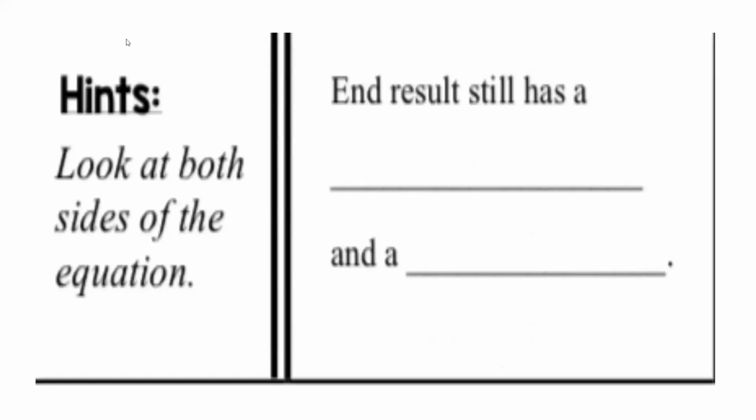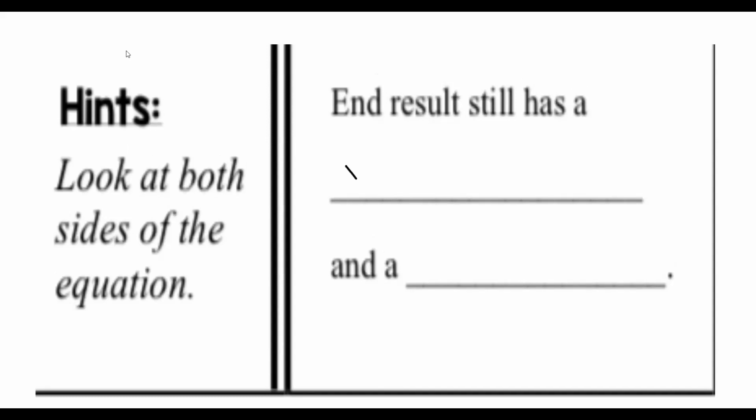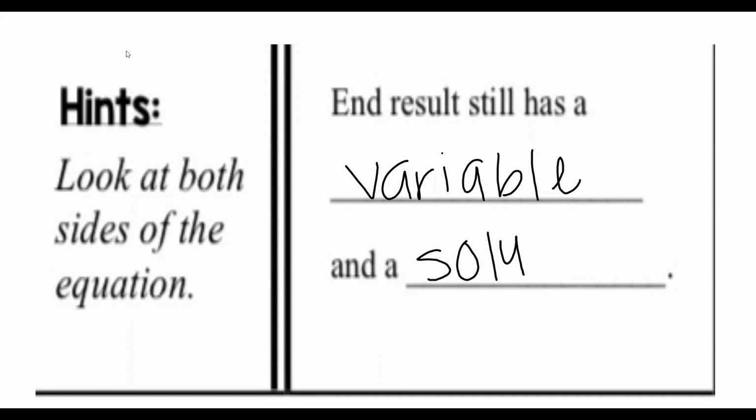So now let's get some helpful hints. The end result still has a variable and a solution. If you look in the row before it, we saw that x equals 3.